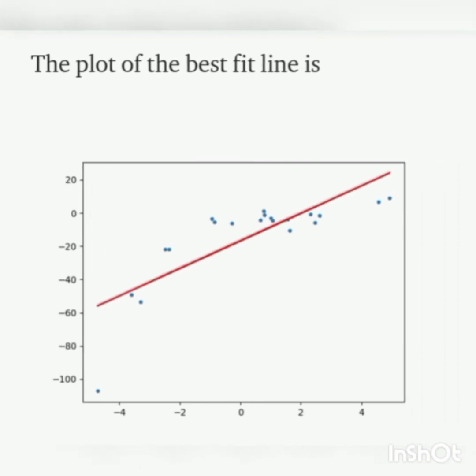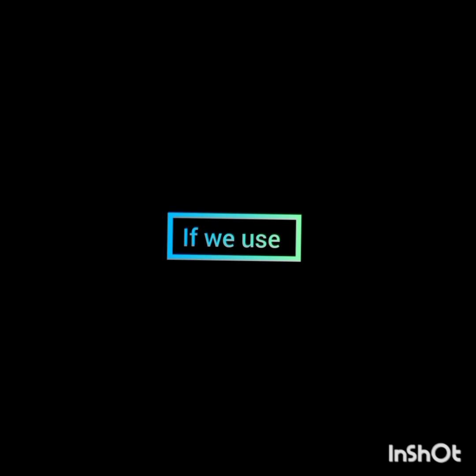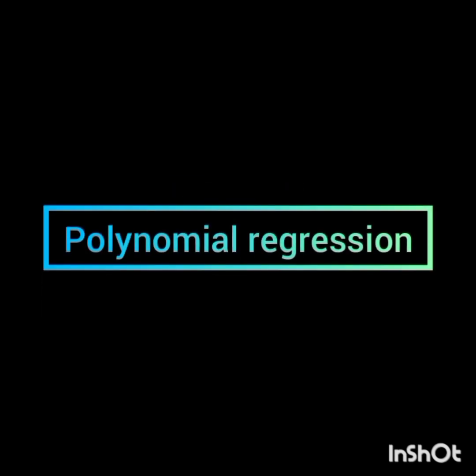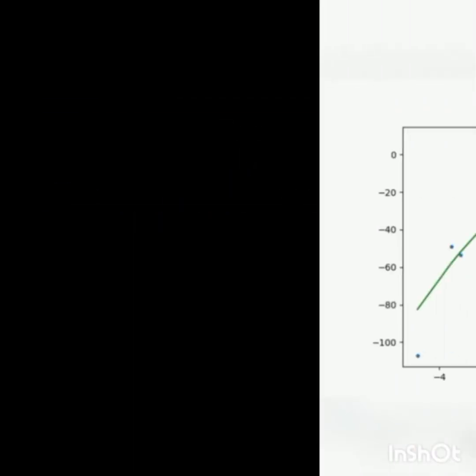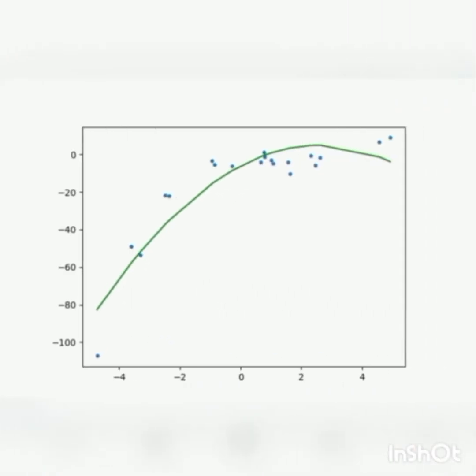So linear regression fails. If we use polynomial regression for the Boston housing data set, then the curve covers all the points, which may decrease our bias or underfitting. So we can use polynomial regression for more complex data distributions, or data distributions which are not linear.